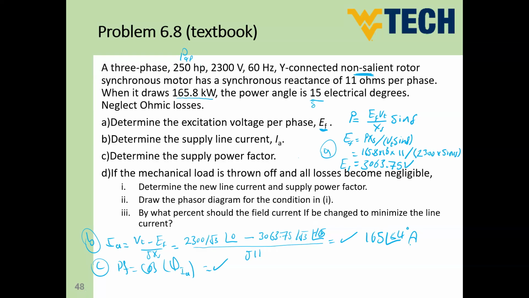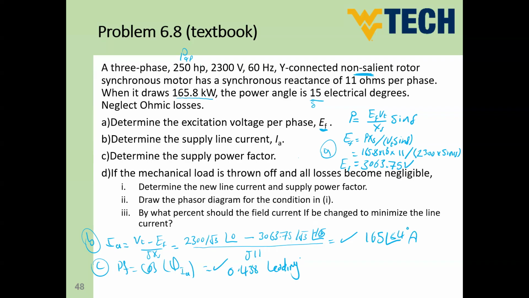So this is the current, and the power factor here is cosine 64 degrees, which is 0.438 leading power factor. So this is parts B and C in numbers.